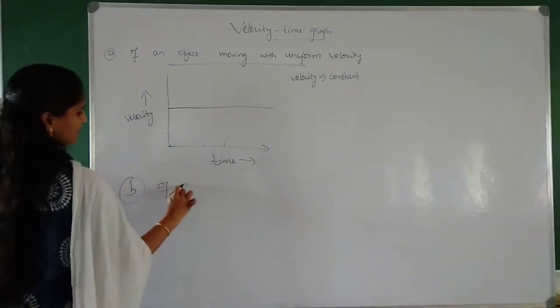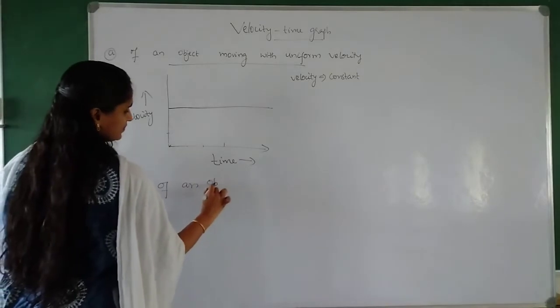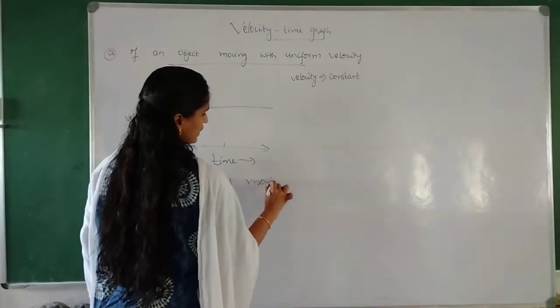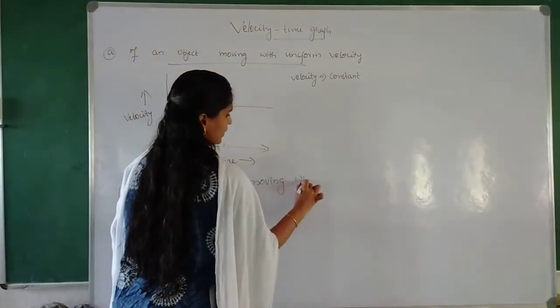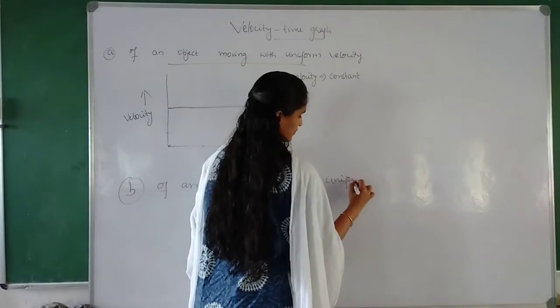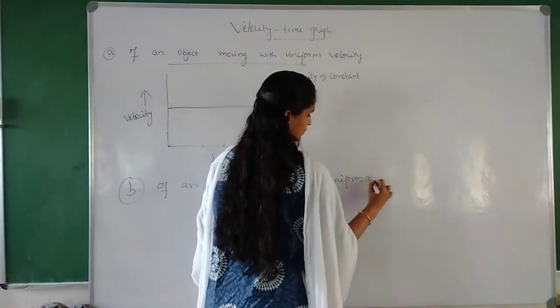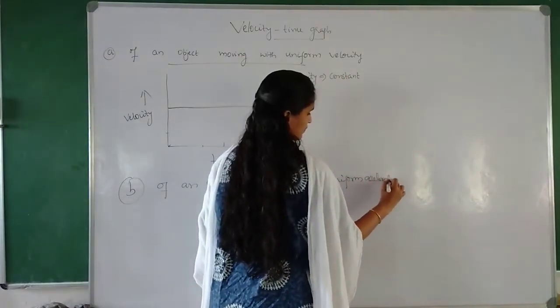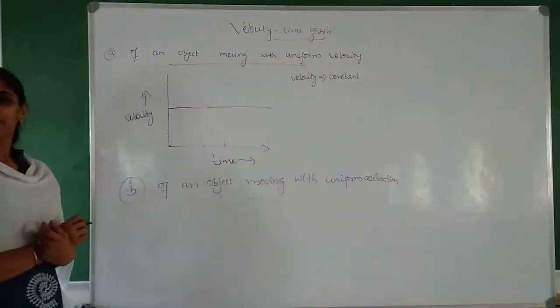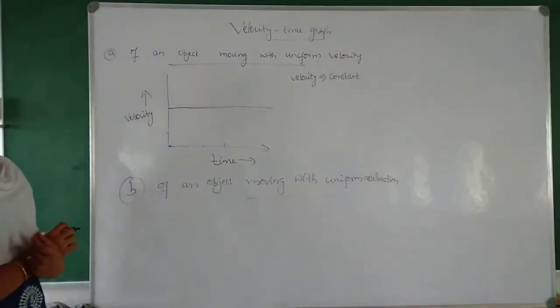The next case is the velocity time graph of an object moving with uniform acceleration.